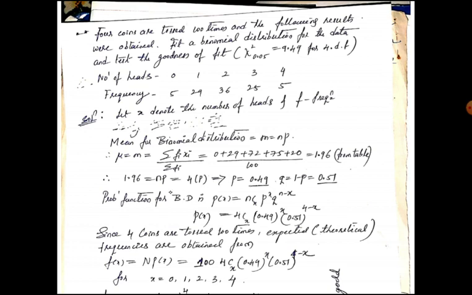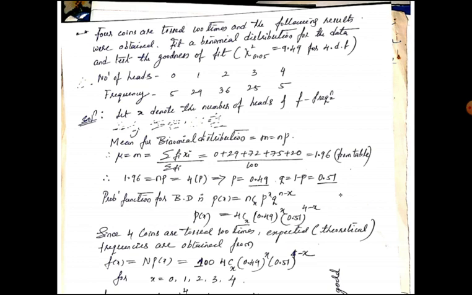You can take 0.5 or you can take these two values, not much difference. Now the probability function for binomial distribution is p of x equal to nCx p raised to x, q raised to n minus x. Correct? So p of x, substitute 4Cx, 0.49 to the power x, 0.51 to the power 4 minus x.